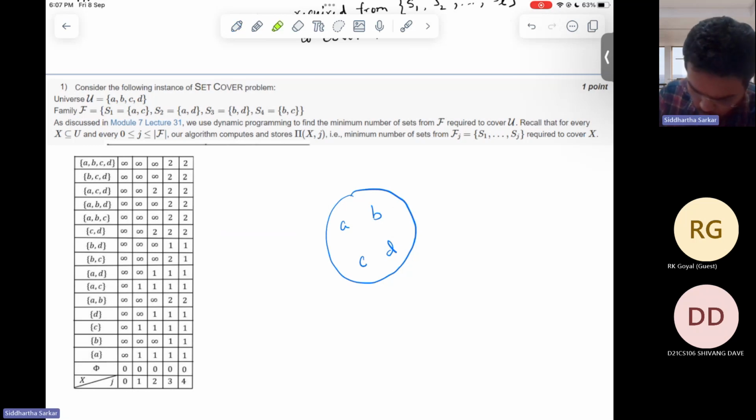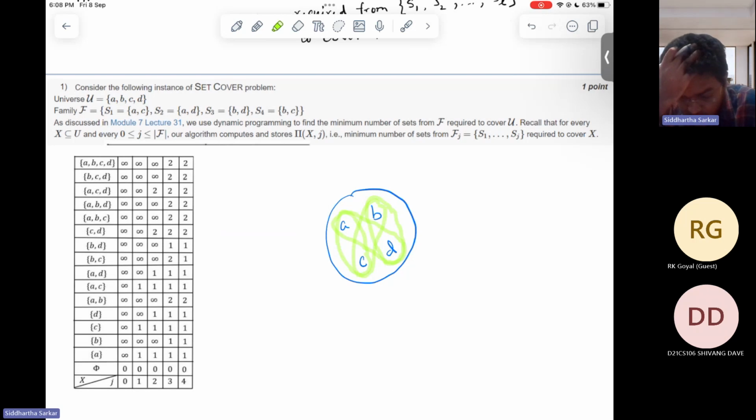The first subset is S1, which is nothing but A and C. S2 is A and D. S3 is B and D. And S4 is B and C. Because it's a small example, we can just look at it and we will be able to tell what is the minimum sized set cover.